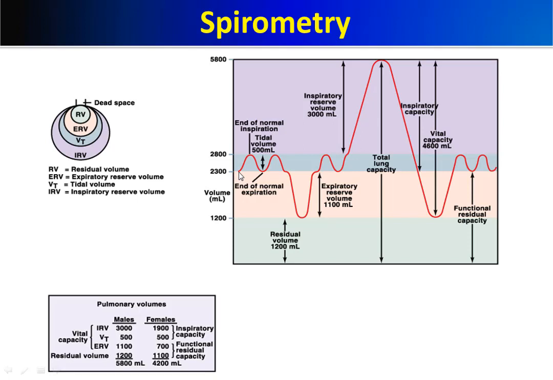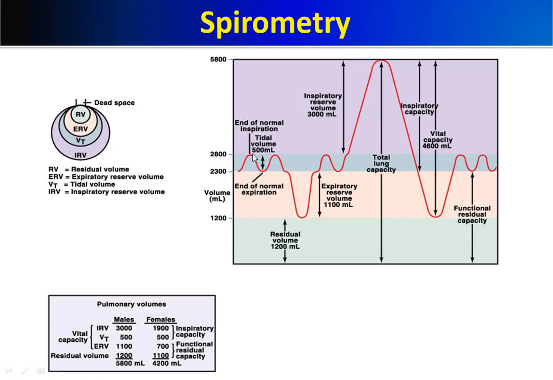So now when we breathe in quietly during eupneic inspiration at the sea level, an additional 0.5 liters of air, 500 milliliters of air, are added to these 2,300 milliliters of air, and now the volume is what? 2,800, because the tidal volume was added to the functional residual capacity.